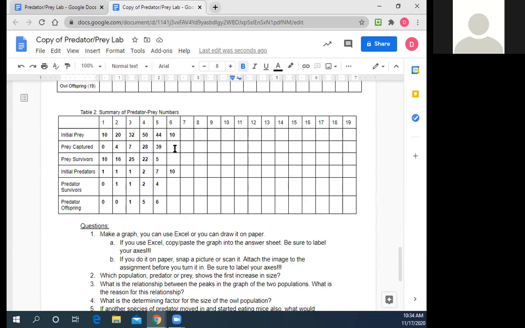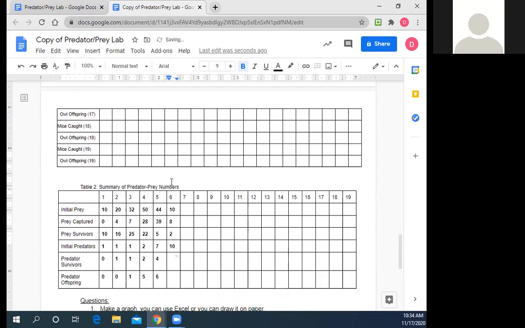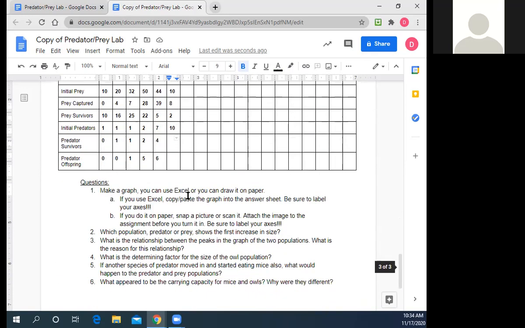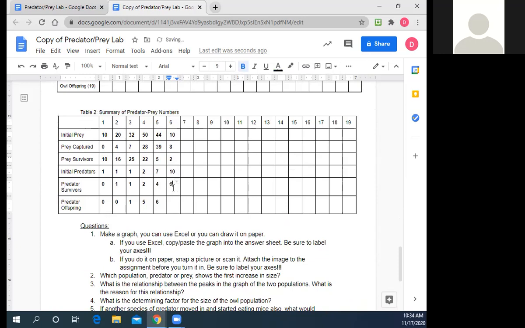Prey captured was 8, which left us 2. Predator survivors, we have 1, 2, 3, 4, 5, 6 owls that survived. Owl offspring is none. Now we would say that these mice reproduce and they would give us 2 more mice, but the rules we set forward were our habitat for our mice can't fall below 10.